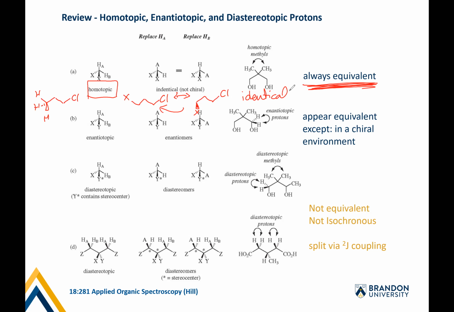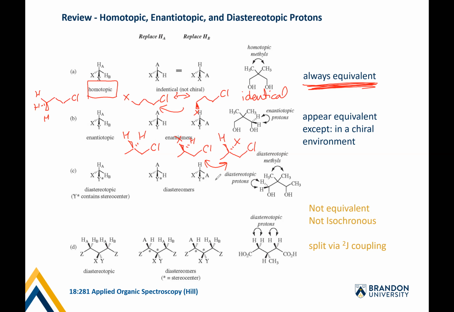If we were to pick the two protons here and swap them out with X's, and we compare these two structures to each other, we would see that they are mirror images, non-superimposable, which would be enantiomers.